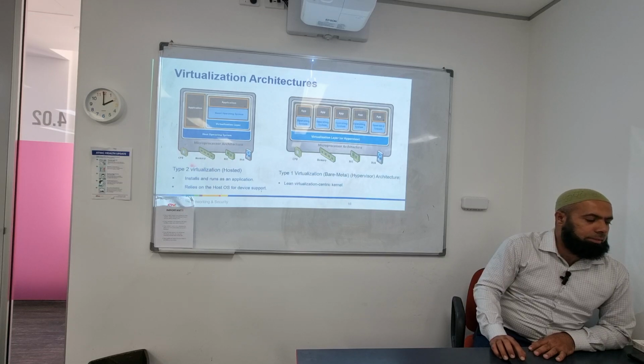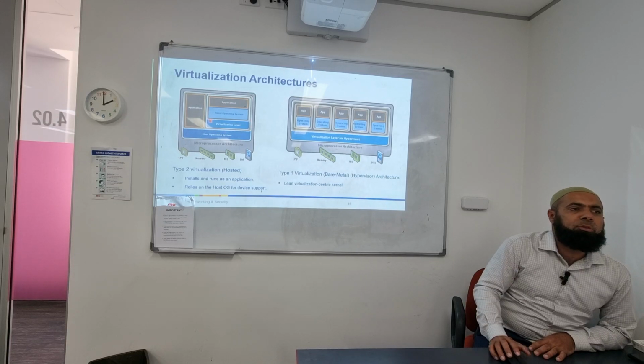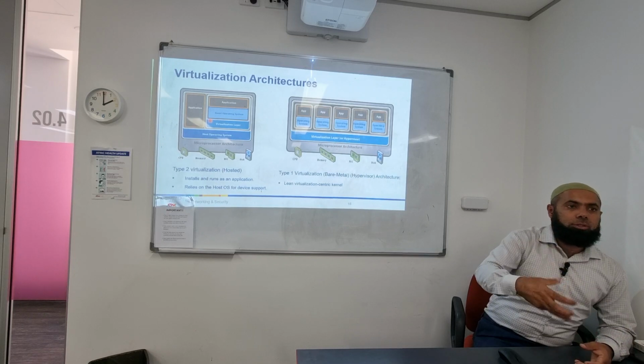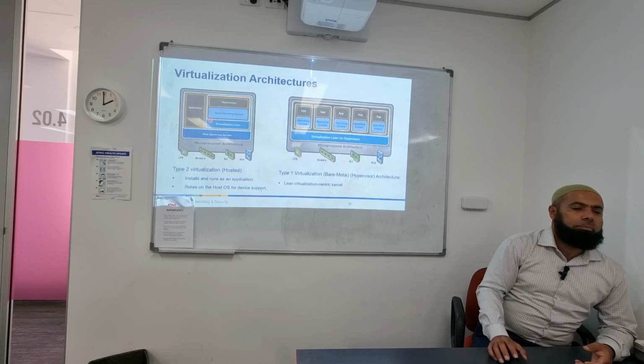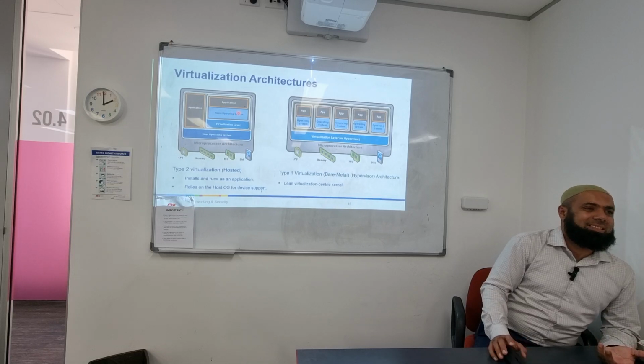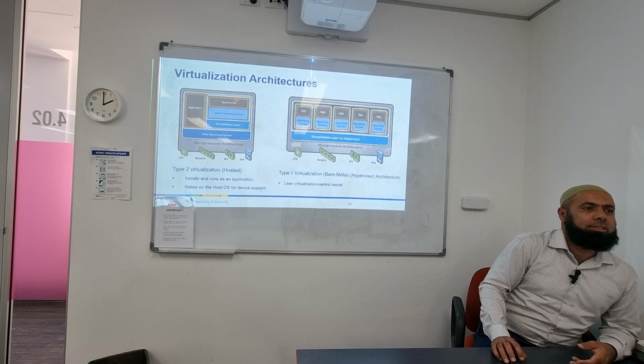All things are there: CPU, memory, NIC card, disks. This is your host operating system like Windows, and what we have installed, the guest operating system, is Linux. And because we have created the virtualization layer with the help of the VirtualBox software, that software created that virtualization layer for us. Based on that, we are running the guest operating system, which is Linux, and on Linux we are running the applications.